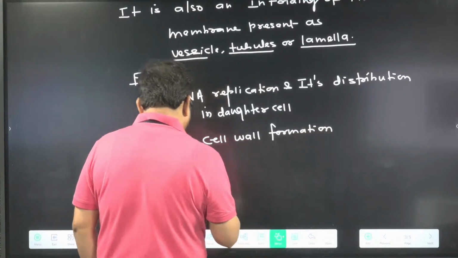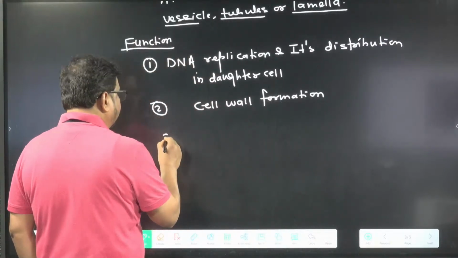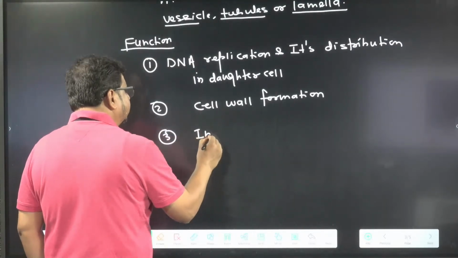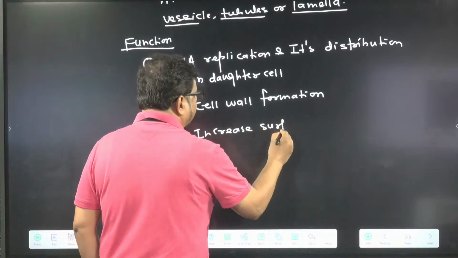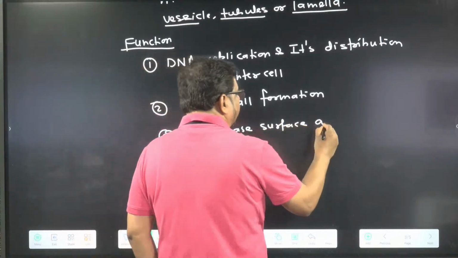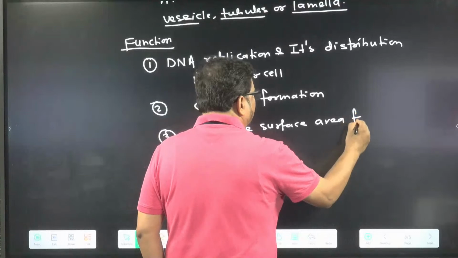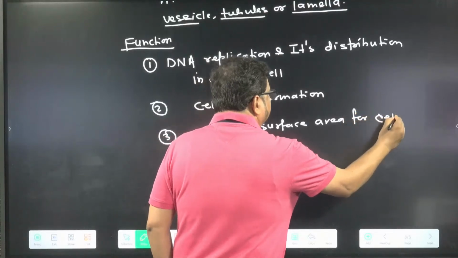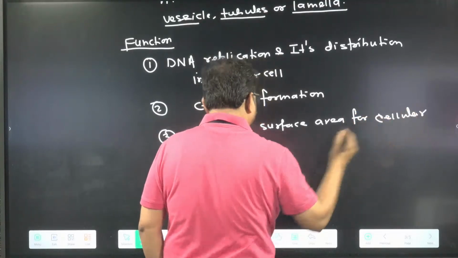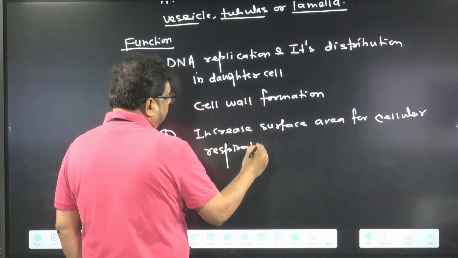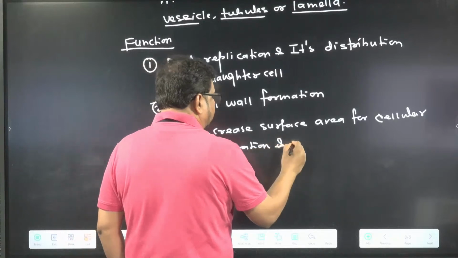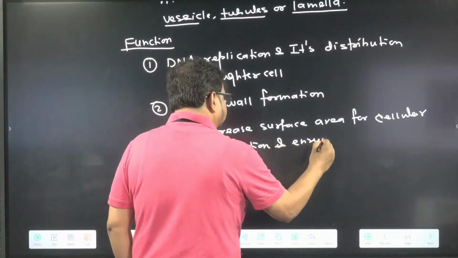The third function of mesosome is to increase surface area for cellular respiration and enzymatic action.